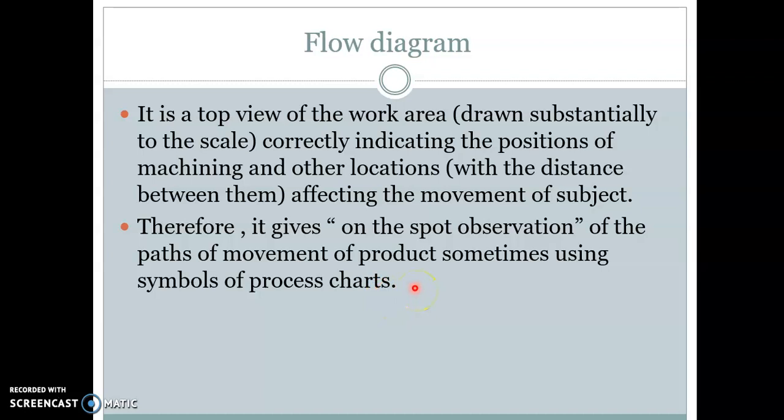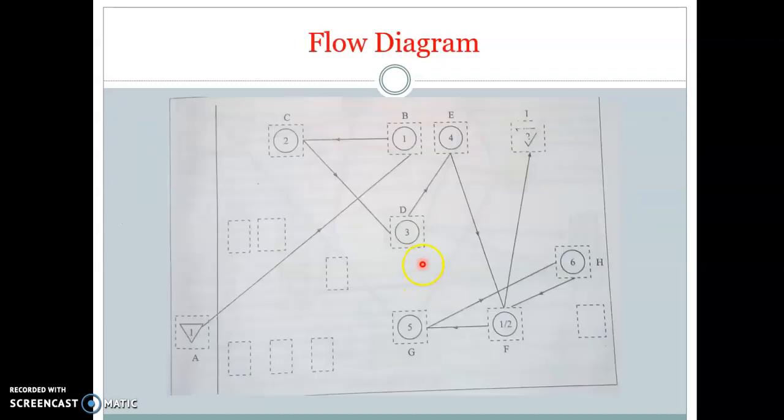One example is given here where the path of material is shown from one workstation to another workstation, how it moves from one place to another. But if more stations are there and more complex movement is involved, these charts are not suitable.